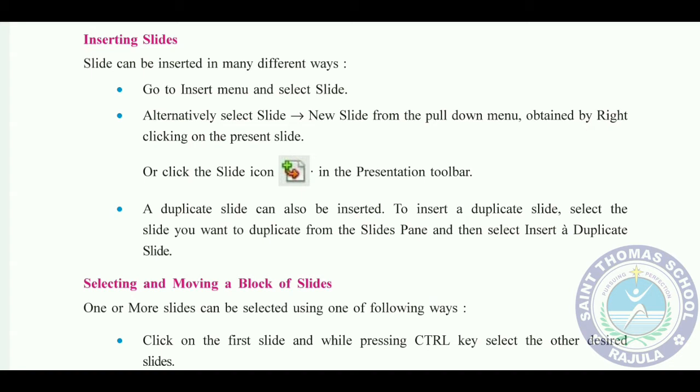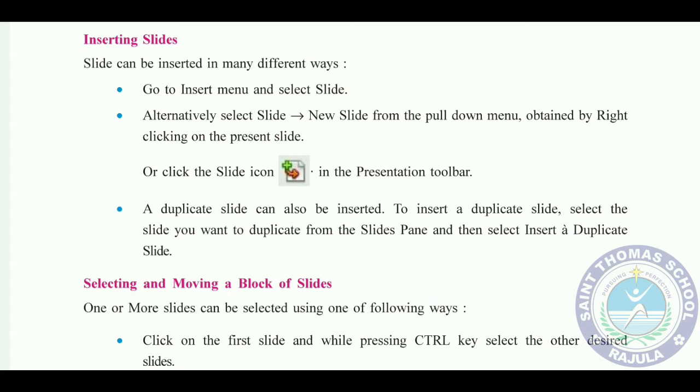Now you can insert a duplicate slide as well. Meaning if you want to add a new slide the same as an earlier slide that you have already prepared, with the same formatting and the same text style, then you can insert a copy of your existing slide.